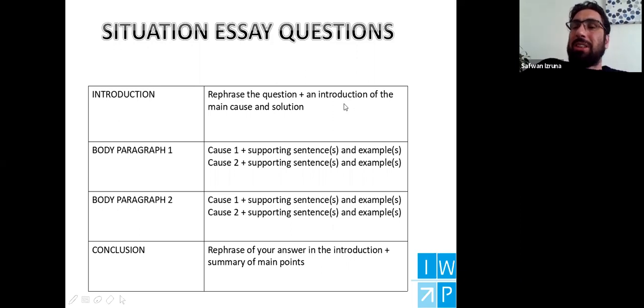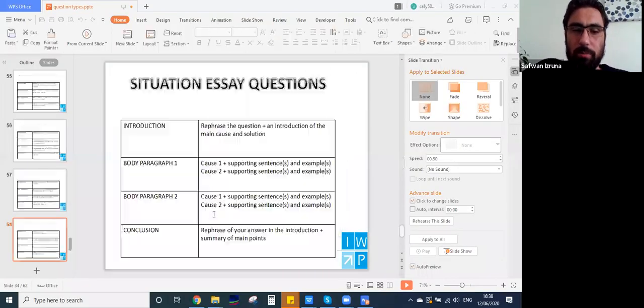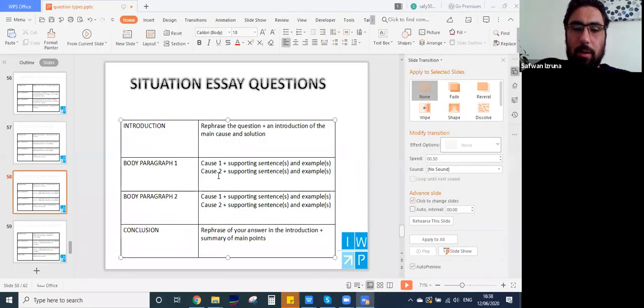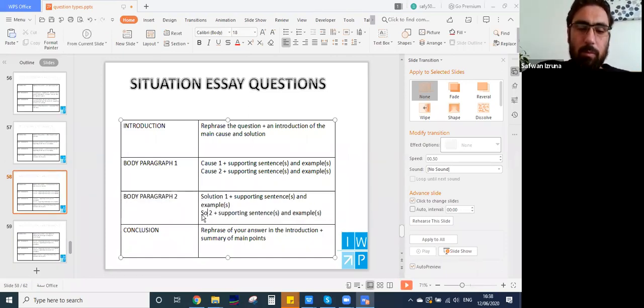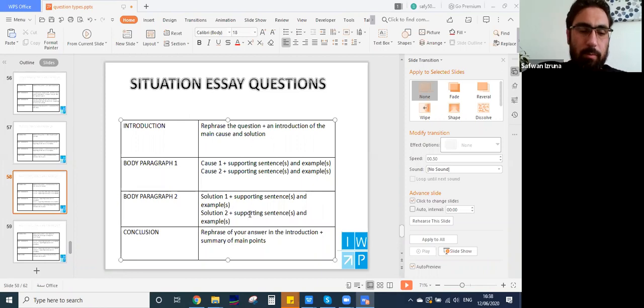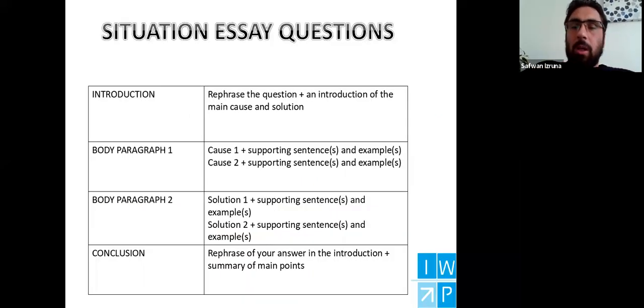Sometimes for many students, they find this a lot easier to do because they don't want to write the main cause and the main solution and then repeat them in the body paragraphs.